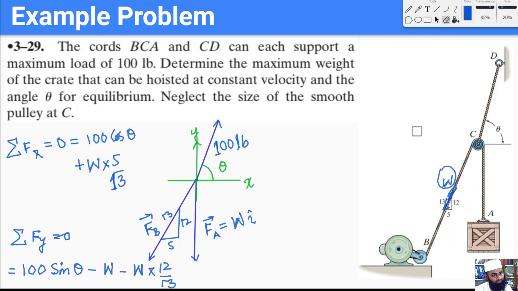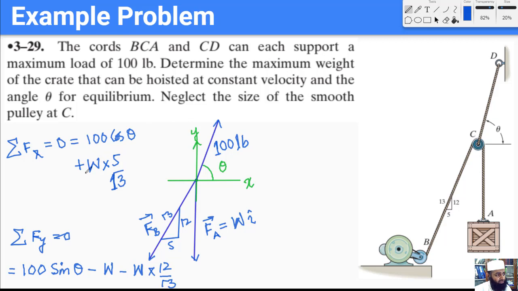Okay, so now we can solve these two equations for W, and that would be our maximum load that we can put on this chord DC while keeping the load in this chord less than or equal to 100 pounds.